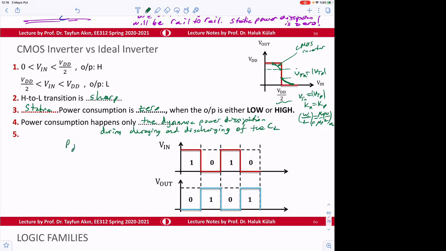So P dynamic is equal to CL times frequency of operation times VDD squared.